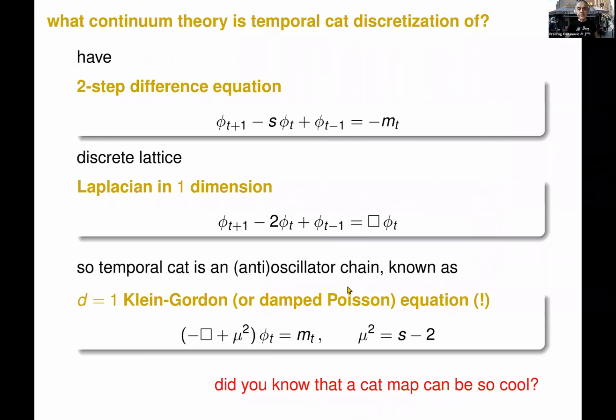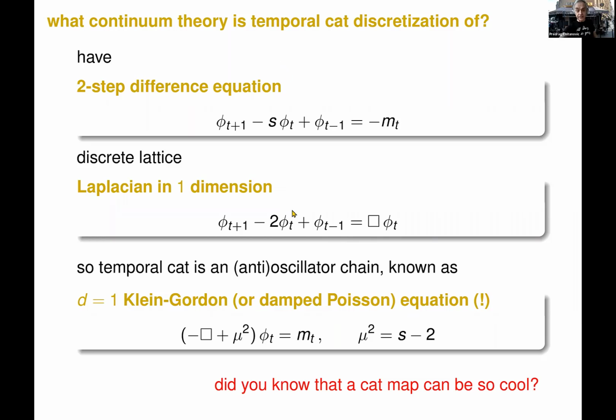To understand that, think about what the temporal cat is discretizing if I take a limit of small time steps. Well, it's a three-step difference equation. Compare it to the Laplacian in one dimension, which says, I look at my neighbor to the right, neighbor to the left, I take twice my height, I subtract. And if that's zero, I'm on a line. But if it's not zero, I'm measuring curvature, and that's done by the Laplacian. That's a discrete Laplacian.